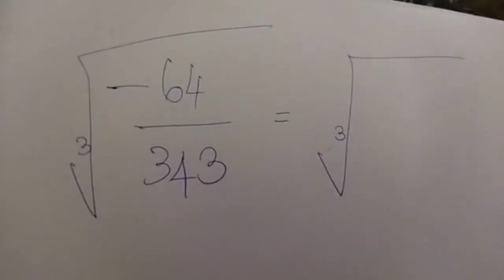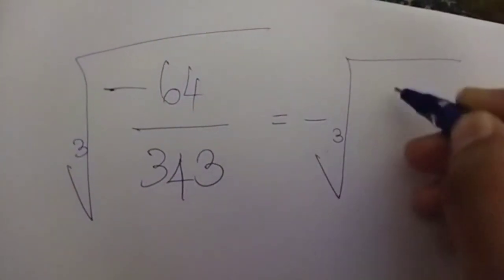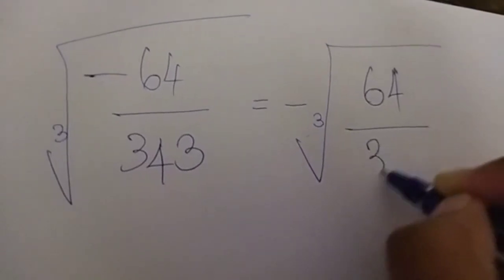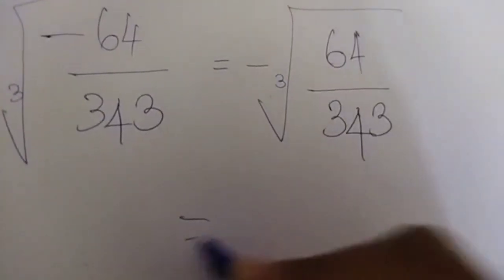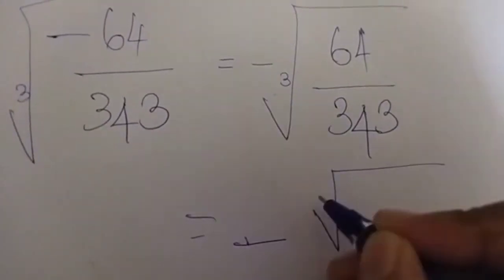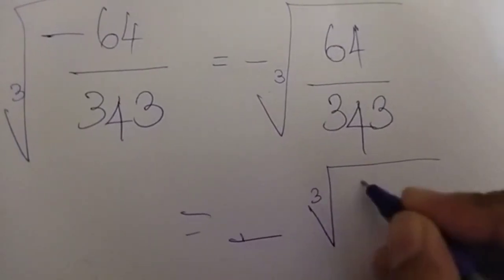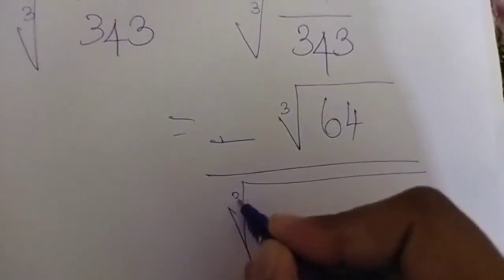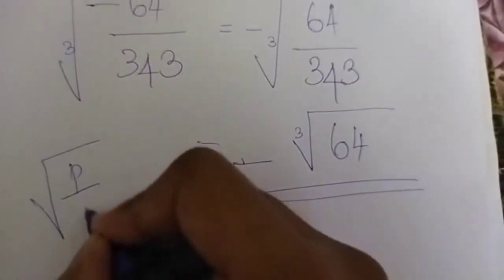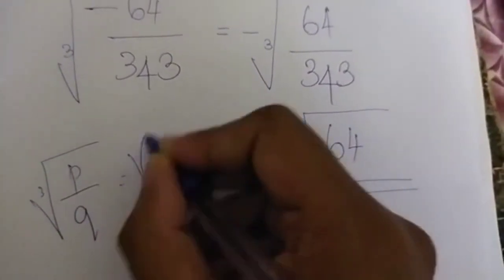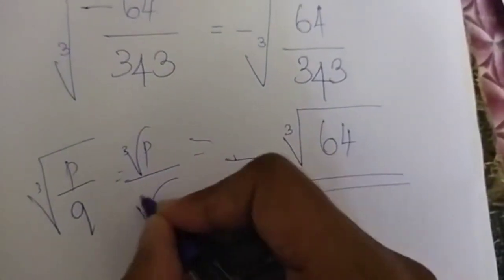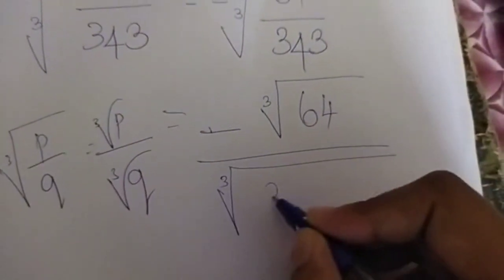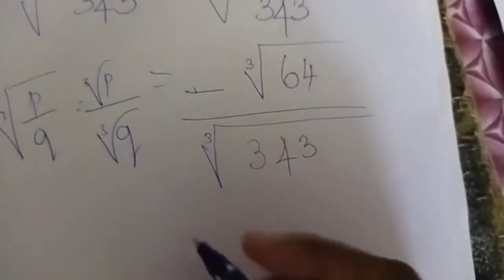So minus 64 by 343, we can write minus to numerator and denominator. And cube root. We know that cube root of p by q is equal to cube root of p by cube root of q. So using this we get cube root of 64 by cube root of 343.